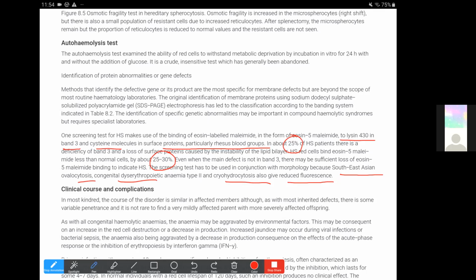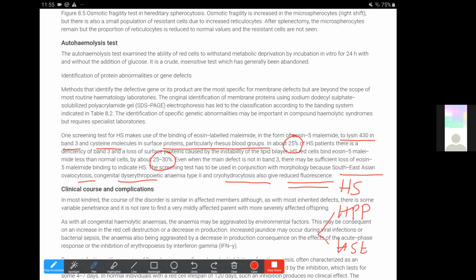And the Southeast Asian ovalocytosis and CDA type 2 will also cause it. So there is a long list of causes that cause reduced fluorescence. Apart from hereditary spherocytosis, this could also occur with hereditary pyropoikilocytosis, which is a form of hereditary elliptocytosis, and then we also have hereditary stomatocytosis.